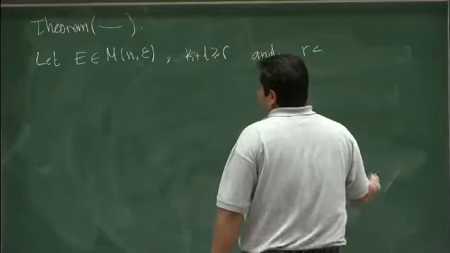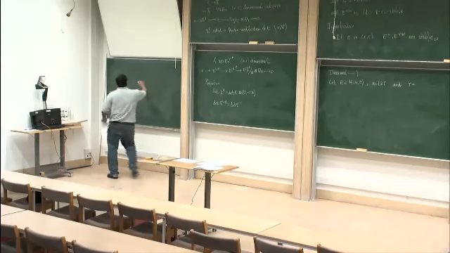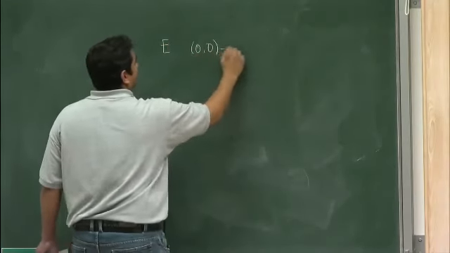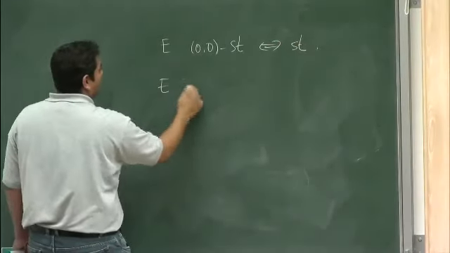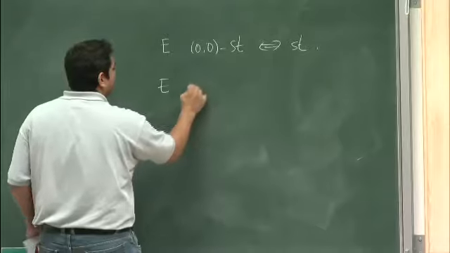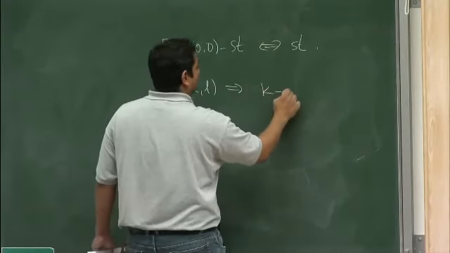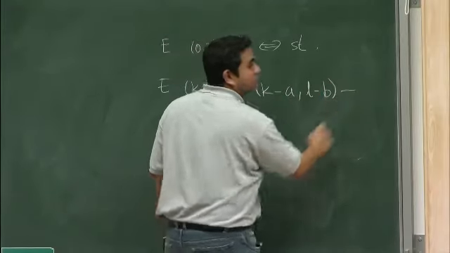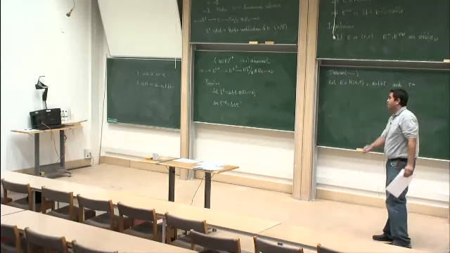In fact, it is R0 stable bundle. We have that 0 stable is the same thing as stable, and remember that there is one property that says that if a vector bundle is K, L stable, then it's K minus A, L minus B stable. Then in this case, since R is positive, that implies that E_V and E_VW are stable.